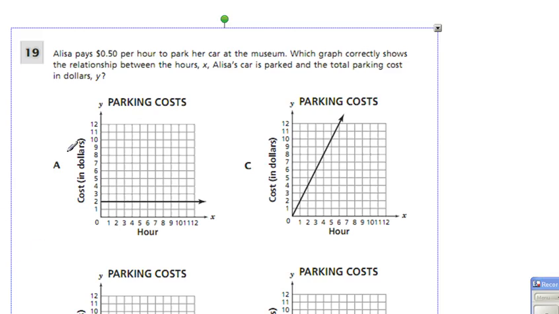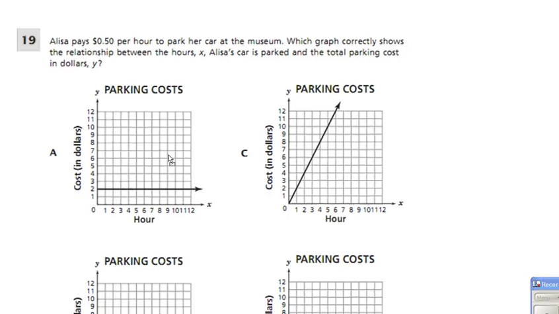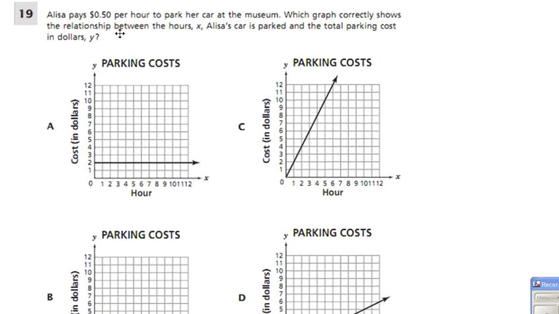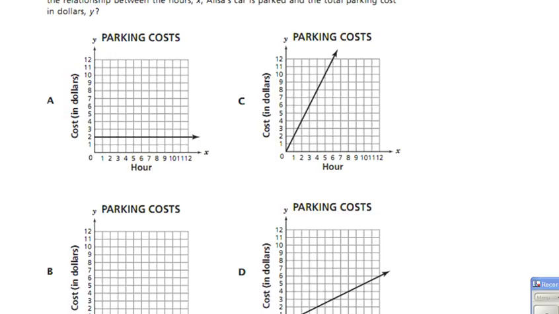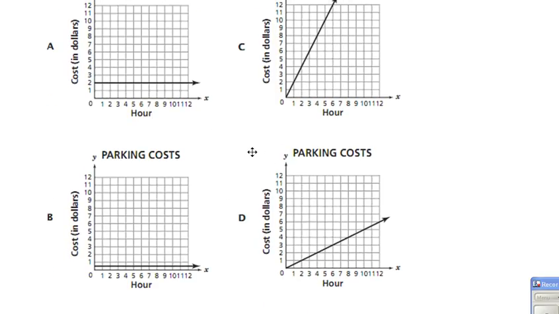Alright, now let's look at this question. So Alyssa pays 50 cents per hour to park her car at the museum. Which graph correctly shows the relationship between hours and cost? Technically, the graph doesn't show any one of these. None of them would be actually correct.